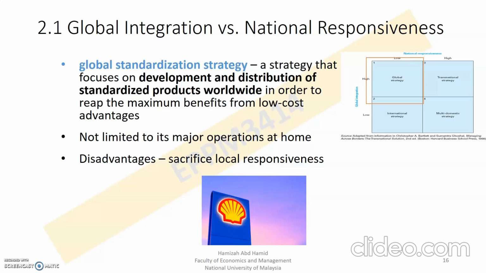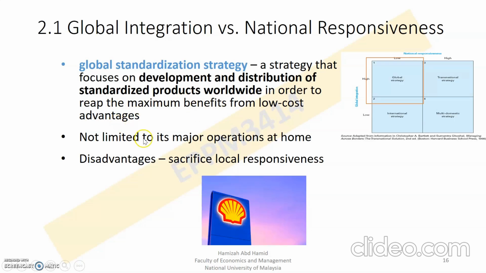First is global standardization strategy. This is when the company has high pressure for global integration but low pressure for national responsiveness. So this is a strategy focusing on development and distribution of standardized products worldwide, to take advantage of the benefits from low-cost advantages.